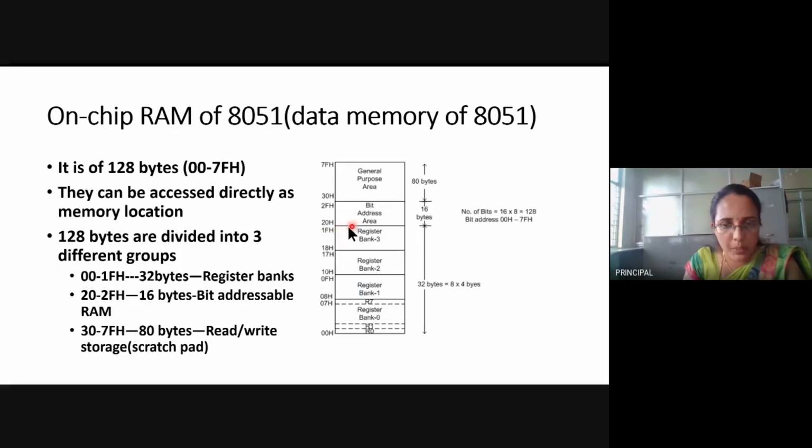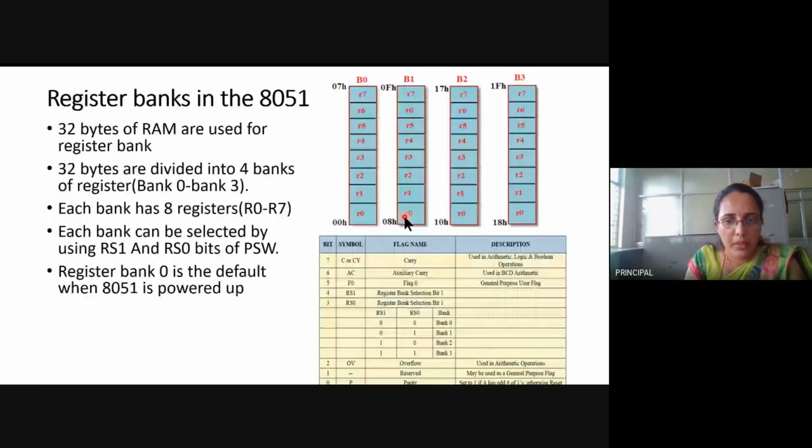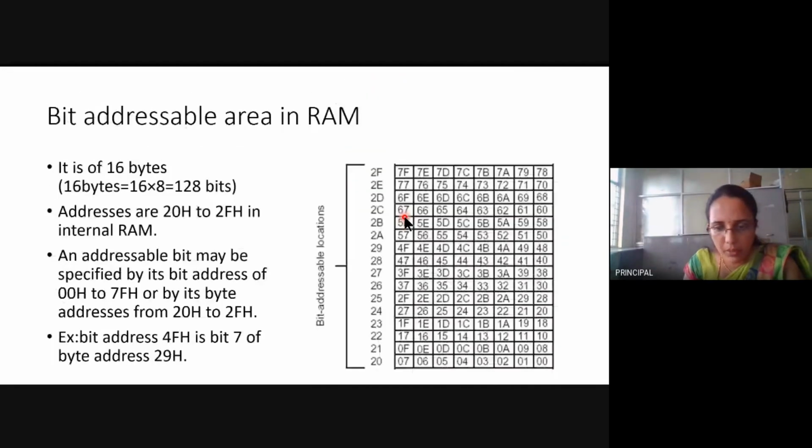Next is the bit addressable area. The bit addressable area is from 20 to 2FH. There are 16 bytes of memory locations, and each bit can be accessed, meaning we can read and write every single bit of this area.